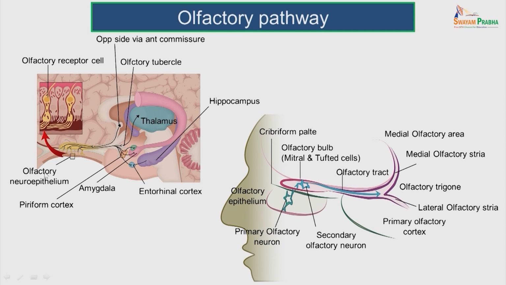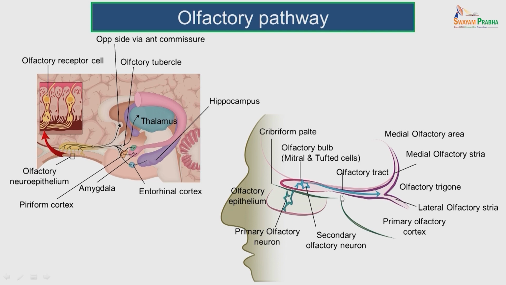Here we have the olfactory receptor cells, present within this olfactory epithelium. From here the fibers pierce the cribriform plate and enter the olfactory bulb, where they synapse with the mitral and tufted cells.